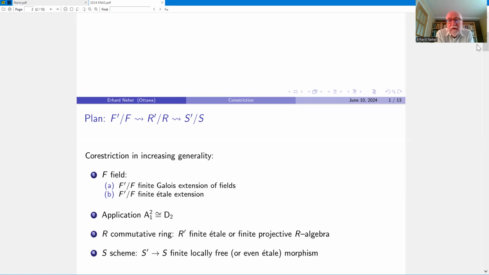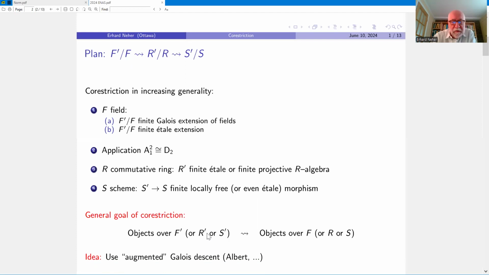And in the end, I will briefly mention what one can do over schemes. Okay, so that is the setting.